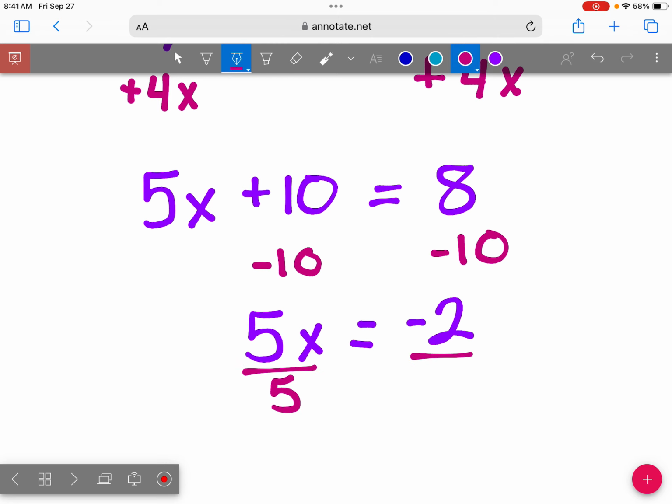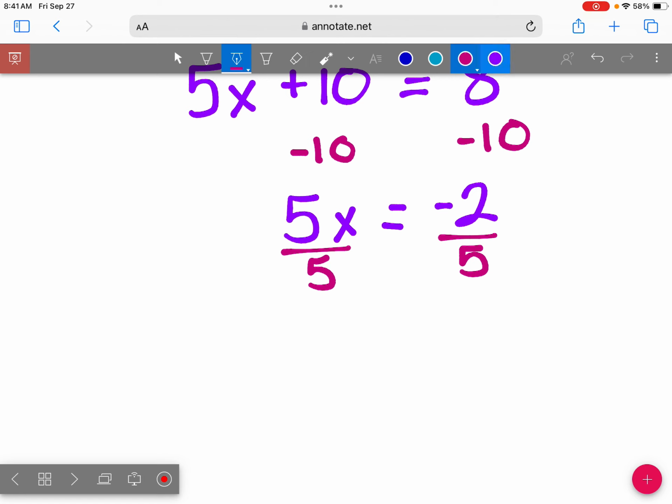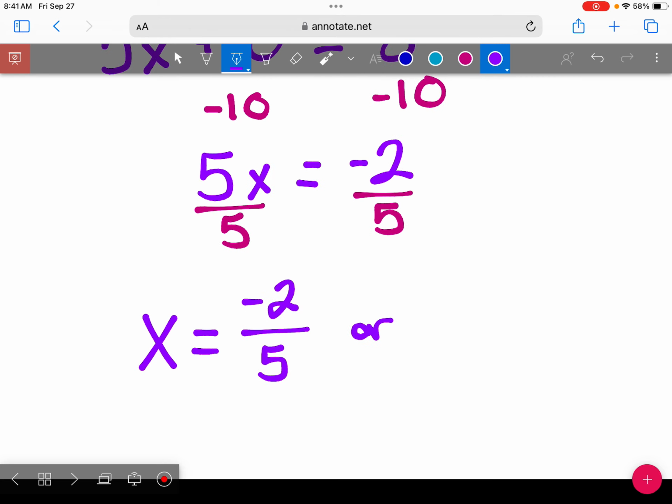Divide by 5. I need that x by itself, so we're going to divide both sides by 5. So my x equals, and you can either do this as the fraction, negative 2/5, or you can put this in the calculator and get it as a decimal. Negative 0.4 is what this will be.